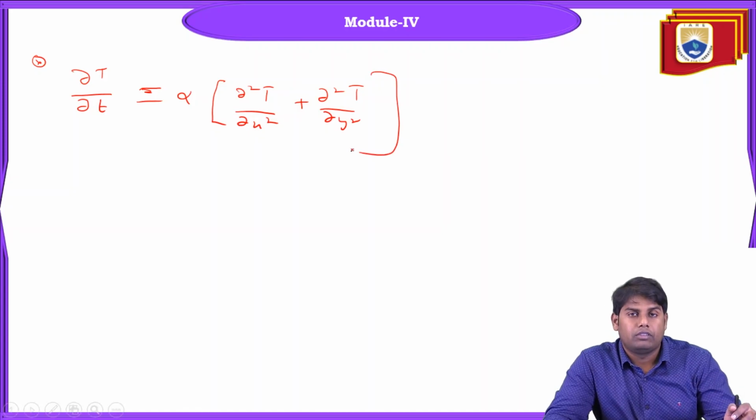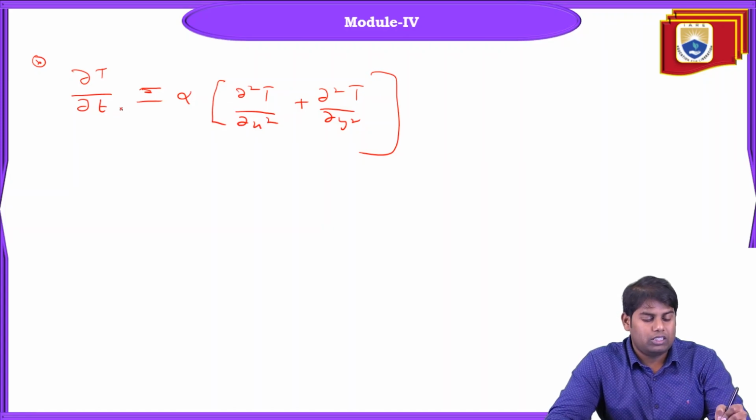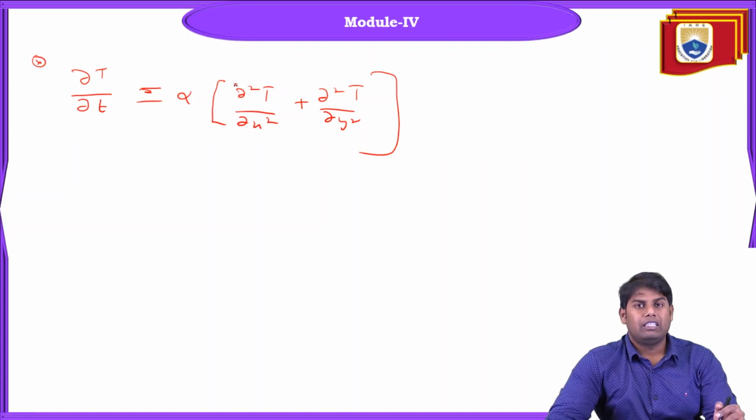So this is what we have. Alpha, we'll take as a constant. It might come on this side or that side, there's no problem.